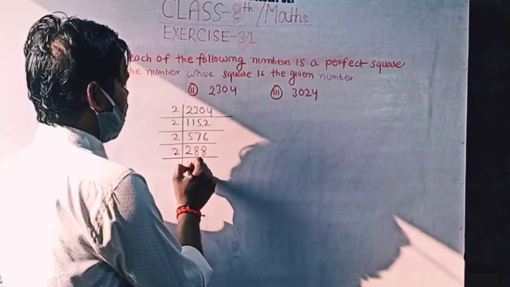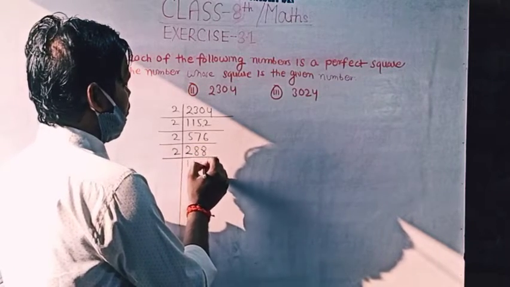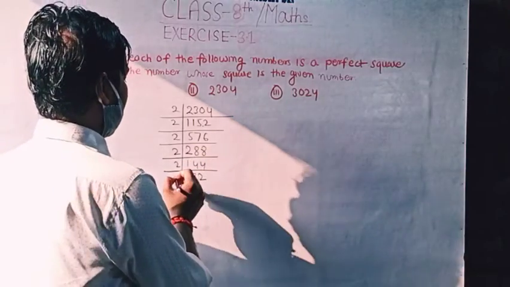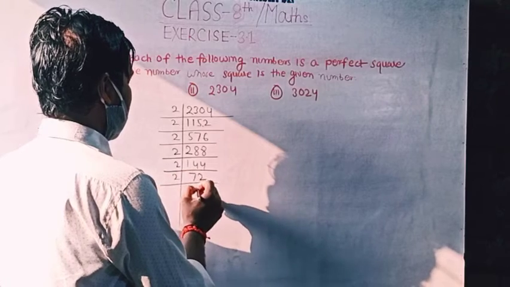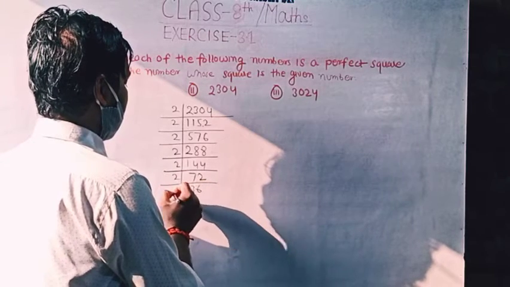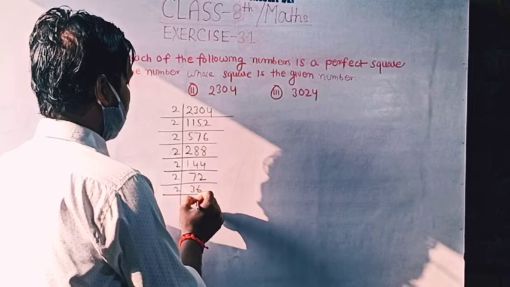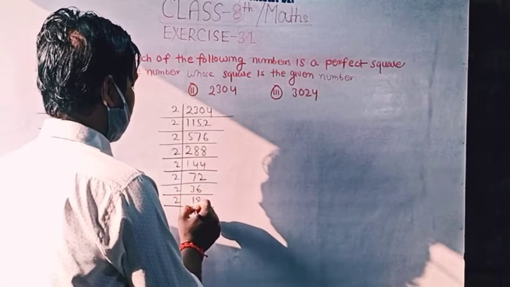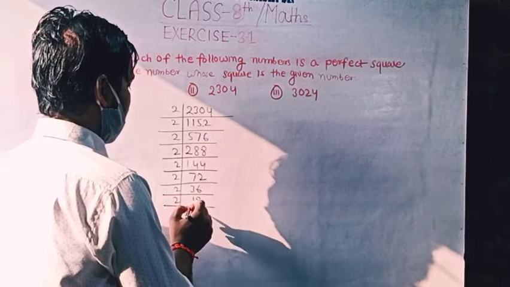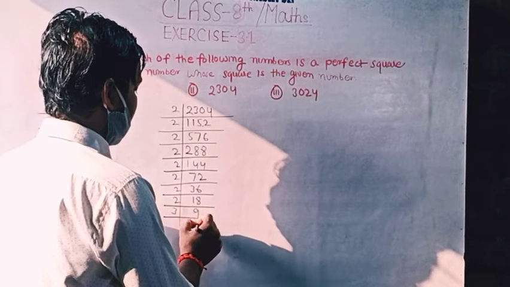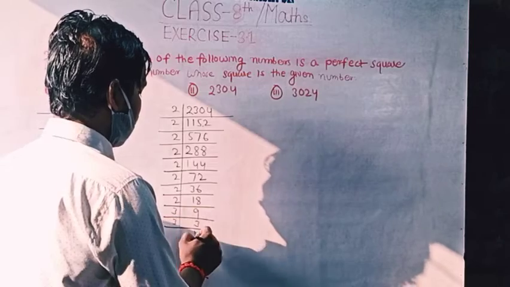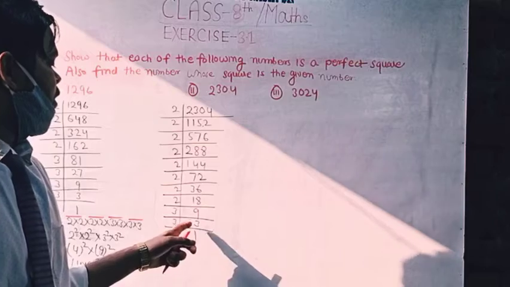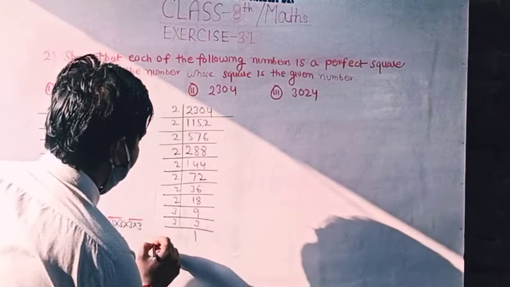This is 2 1 2, 2 4 is 8, 2 4 is 8, 2 7 is 14, 2 2 is 4, 2 3 is 6, 2 6 is 12, 2 1 is 2, 2 8 is 16, 2 9 is 18, and 9 is divided by 3, and again this 3 is divided by 3.